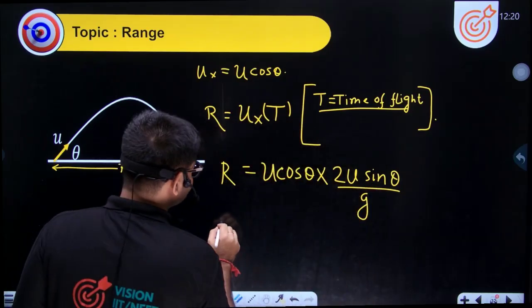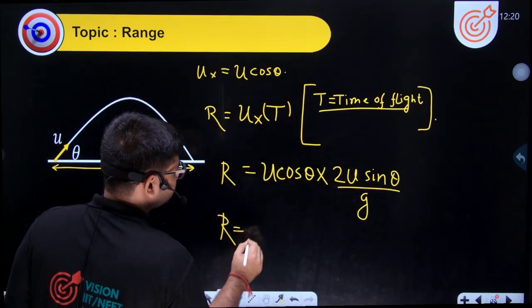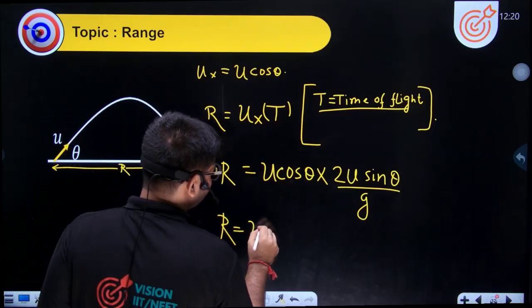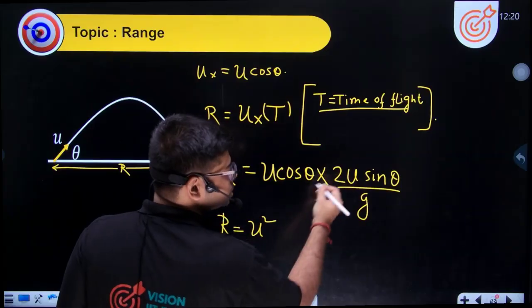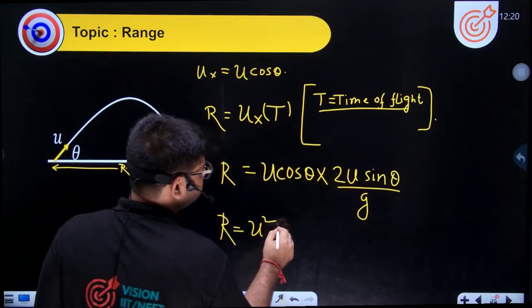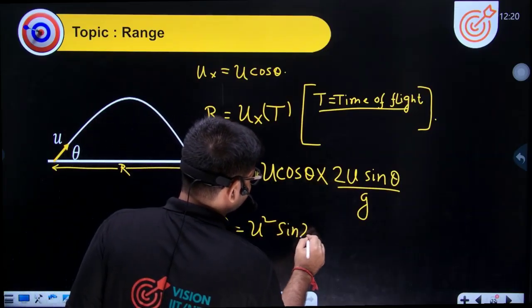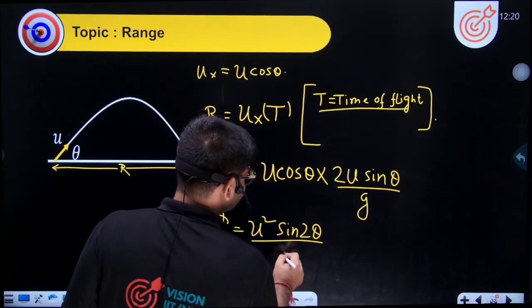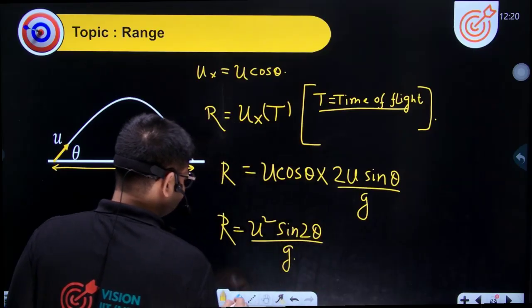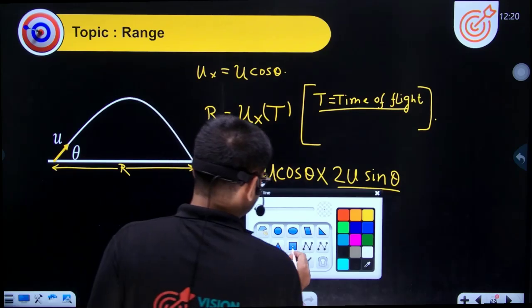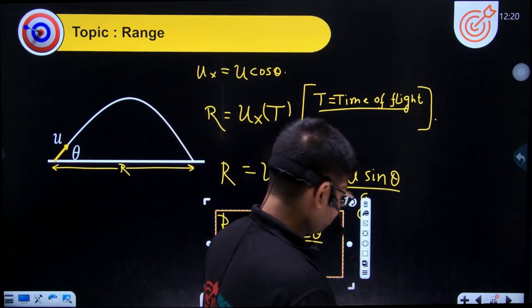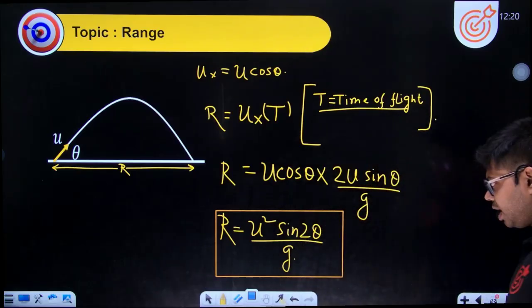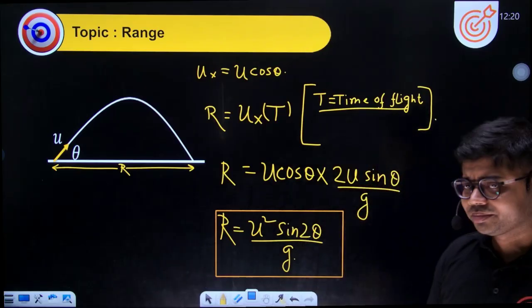So your range is becoming u square, अच्छा, 2 sin theta cos theta, I can say to be sin 2 theta, u square sin 2 theta by g. This is the range that you are getting. Now you see, look at this.